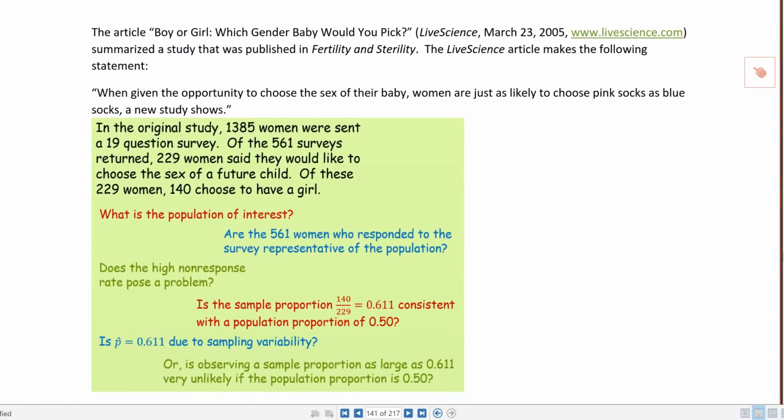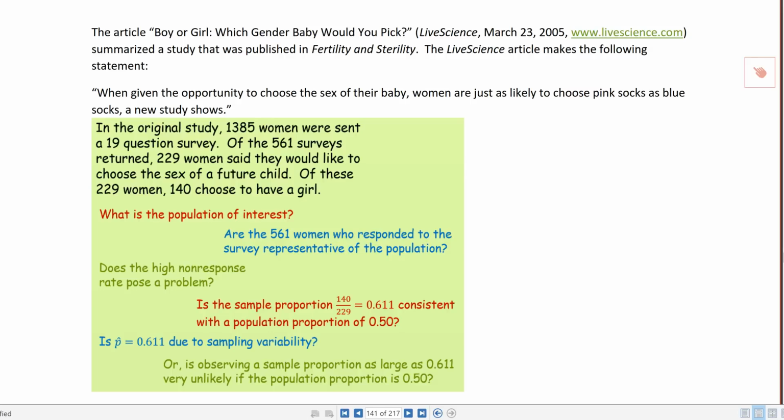In the article, Boy or Girl, Which Gender Baby Would You Pick? This article summarized a study that was published in a fertility and sterility magazine. This article makes the following statement: when given the opportunity to choose the sex of their baby, women are just as likely to choose pink socks as blue socks, a new study shows.